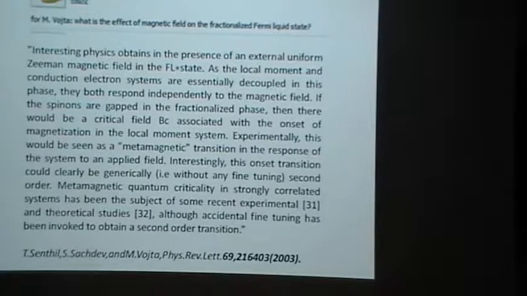Well, this is really a complicated issue because, as I said, it depends on the nature of the spin liquid component. And this statement, which you quote there, is for a gapped spin liquid, which is fine. Then there's little magnetic response at low fields, and once you close the gap, you get an onset of something, and this will be a second-order metamagnetic transition, as written there. If, in contrast, you would have a gapless spin liquid, which is also possible, then of course things would be potentially different.